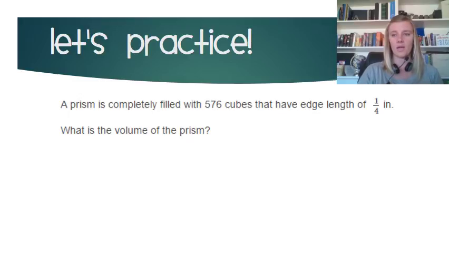We have another one. A prism is completely filled with 576 cubes. And those 576 cubes are not 1-inch whole cubes. They are 1/4 inch cubes. So we have to figure out, if you go back to the cheat sheet, it tells you that for 1/4 inch cubes, there are 64 in each one whole cube.